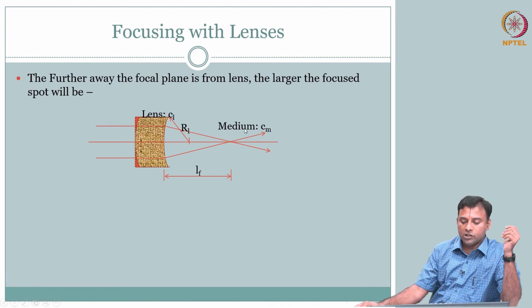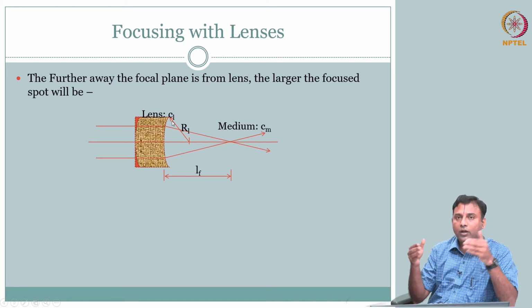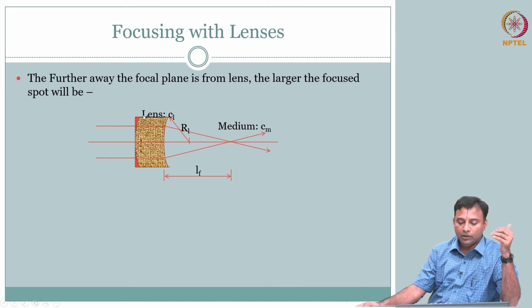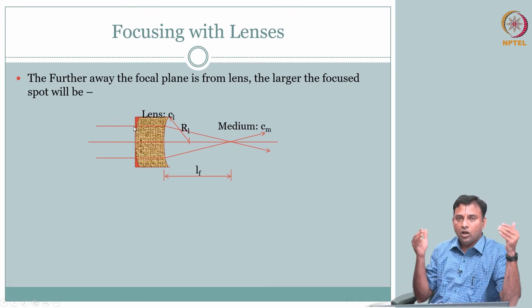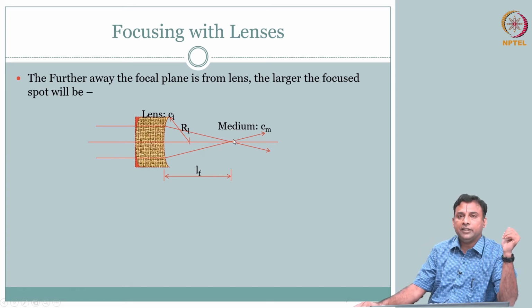This is your length of focus, that is your focal spot. So the length of focus is the location Z at which this lens is going to help focus the beam. All the acoustic pressure coming from the surface of the transducer is going to be focused to a smaller region here.